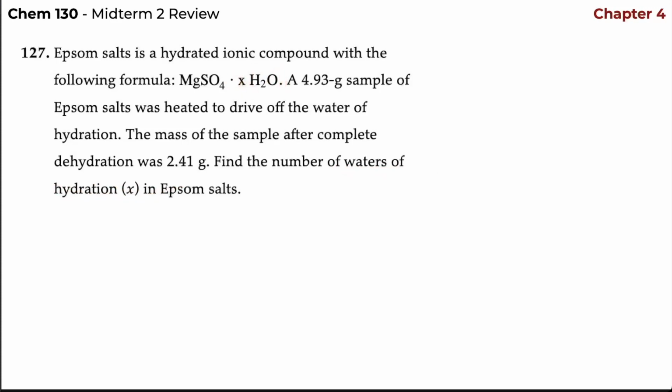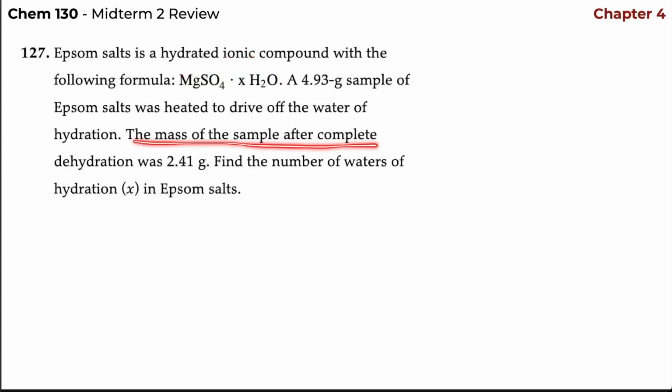So basically, what you've got to do is find out, first of all, how much of each there are. So it's a 4.93 gram sample of Epsom salts. So this total is 4.93, this plus this. Here's the thing though.